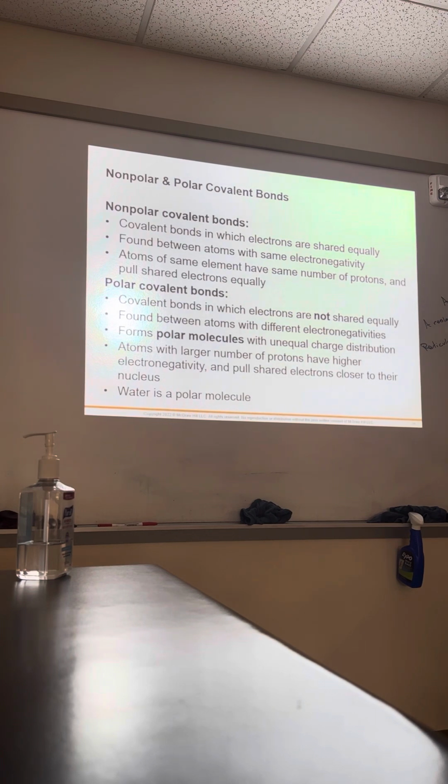Is it polar? They exist between the same element. Polar does not. It's the opposite. Yeah, sorry, not polar. Is the bond that exists between atoms of the same element. Yes. Polar is when they're different elements.